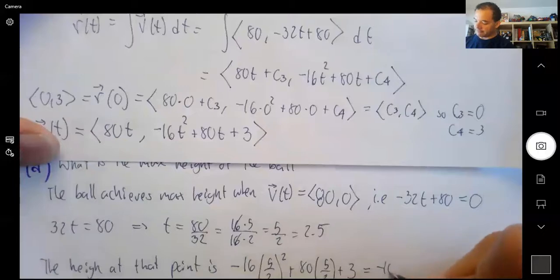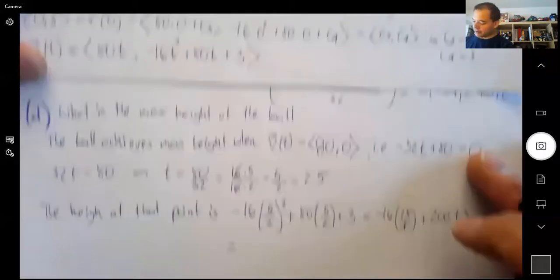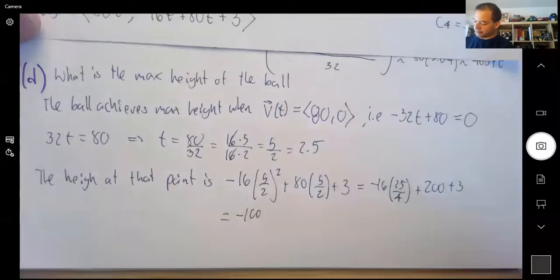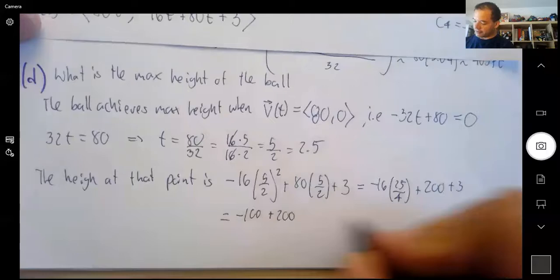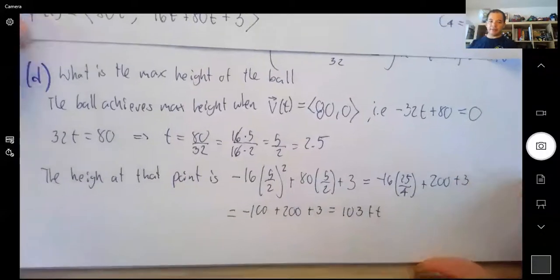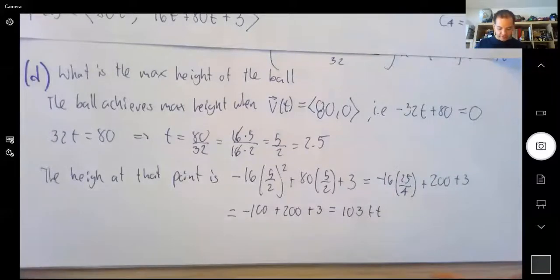That's negative 16 times 25 fourths, plus 80 times 5 halves, that's 400 over 2, that's 200, plus 3. This is negative 4 times 25, that's negative 100, plus 200 plus 3. So this is 103, and these are feet. That's the max height, 103 feet.